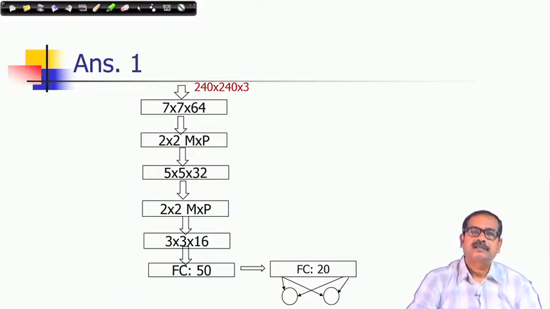So, filter size is 7 cross 7 cross 3, that means the number of channels of the input determines the depth of the filter, and 7 cross 7 is its width and height. So, filter size is 7 cross 7, not 64, if I have mentioned wrongly earlier.